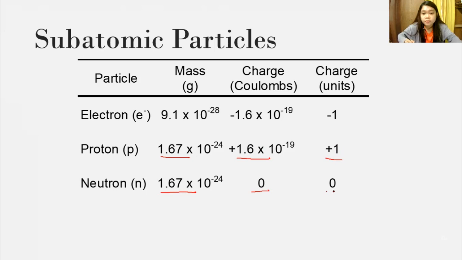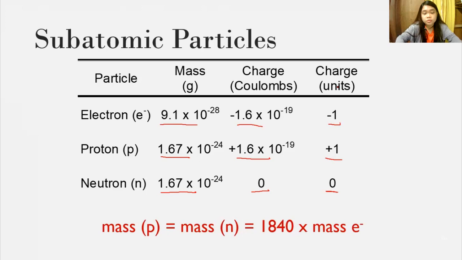Then for neutron, it's 0. Here in electron, as you can see, the mass is very small. It has the same charge magnitude as the protons, but negative. It's negative.